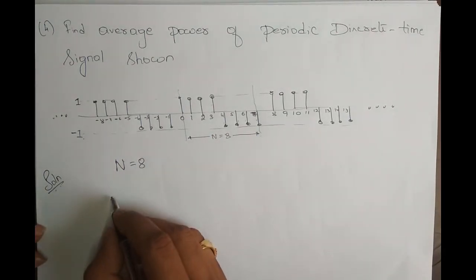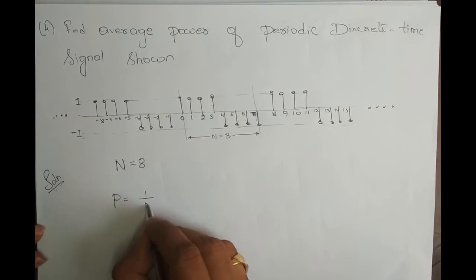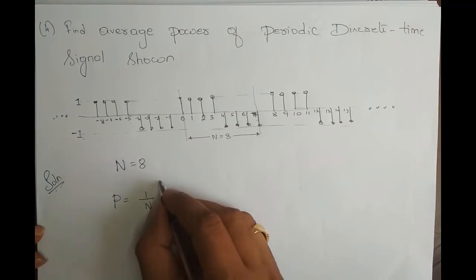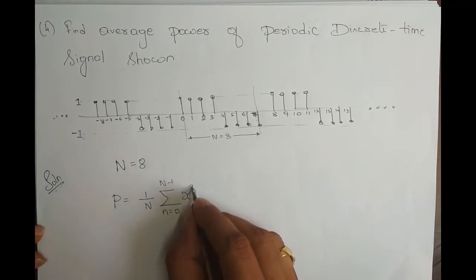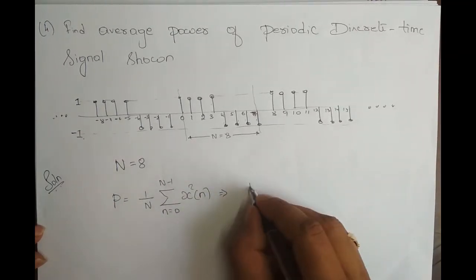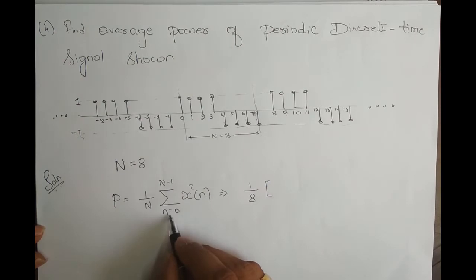I need to find the average power. What is the formula to find average power for a discrete time signal? P is equal to 1 by N times the summation, n varying from 0 to N minus 1, of x square of n. So this is equal to 1 by 8.